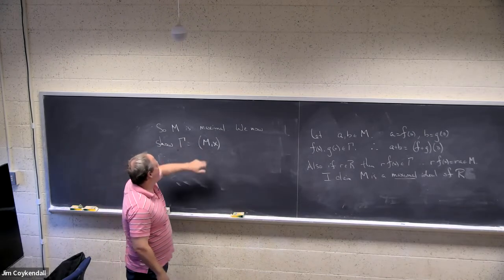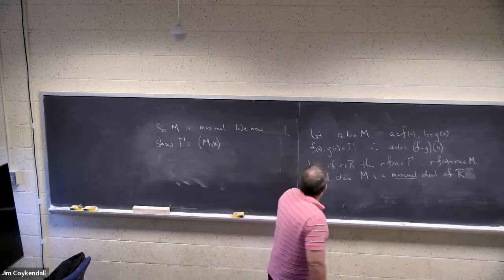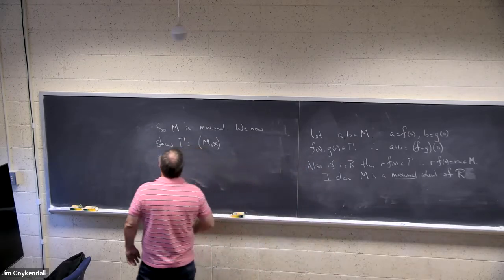So I want to show that gamma is in M comma X. So how about this container here?